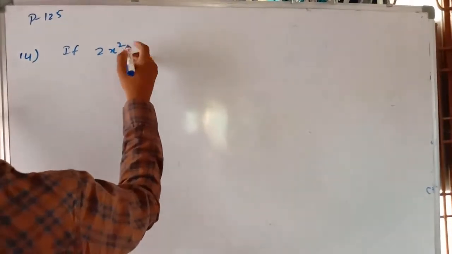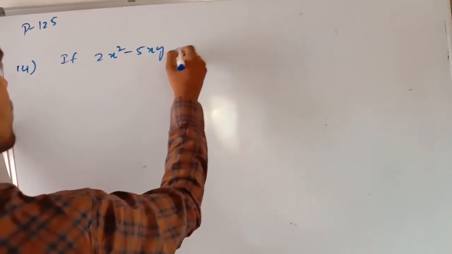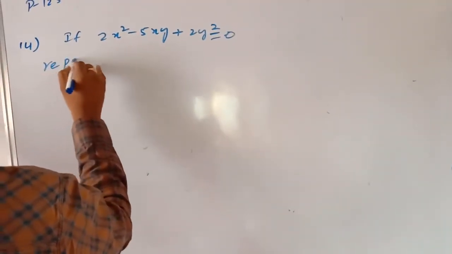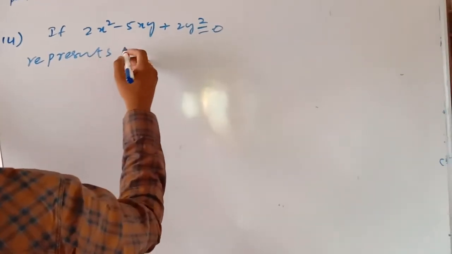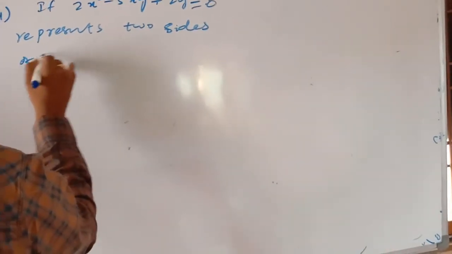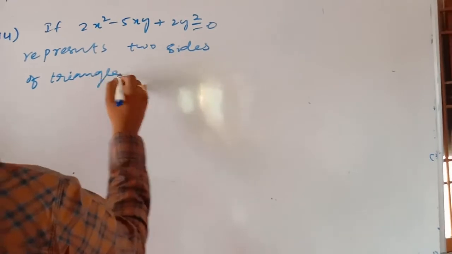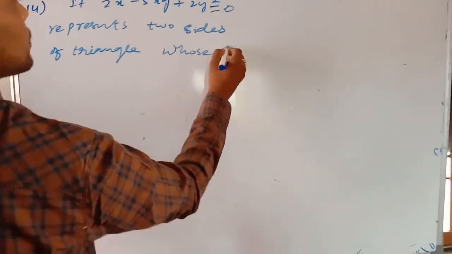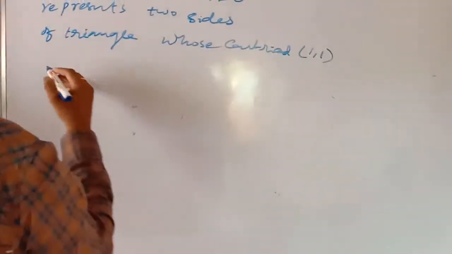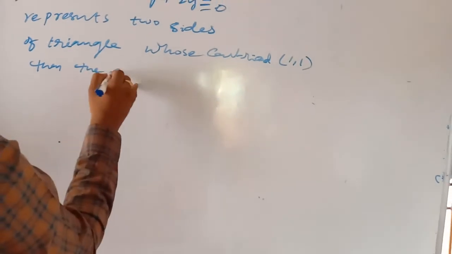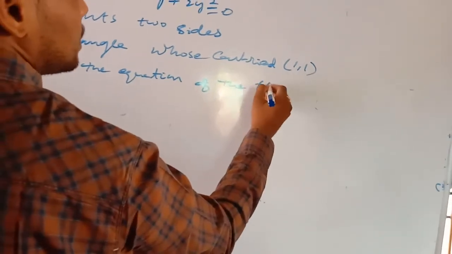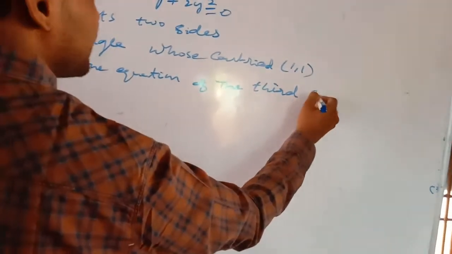If 2x square minus 5xy plus 2y square is equal to 0 represents two sides of a triangle whose centroid is 1, 1, then the equation of the third side is.